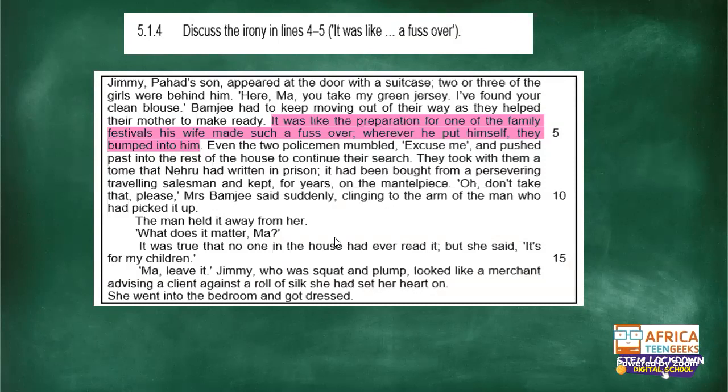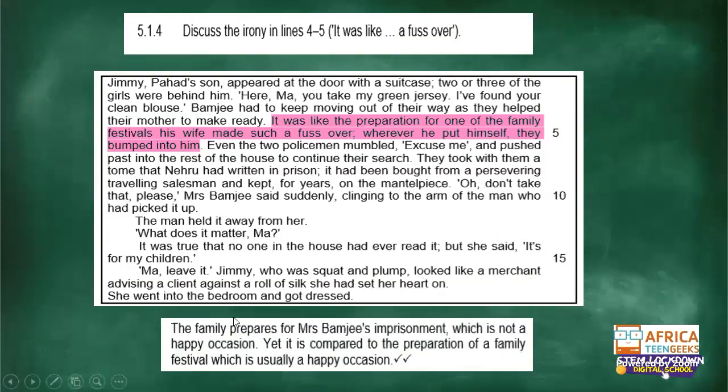There's nothing joyous about this passage. Let me just show you real quickly. Here it says the family prepares for Mrs. Bamji's imprisonment, which is not a happy occasion. So somebody is going to prison. That's why there are policemen there.